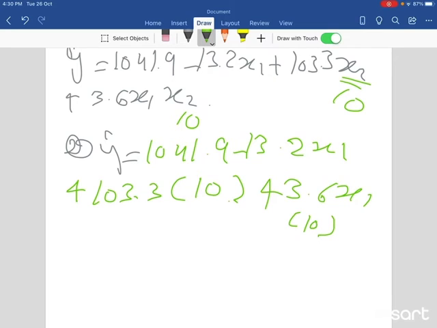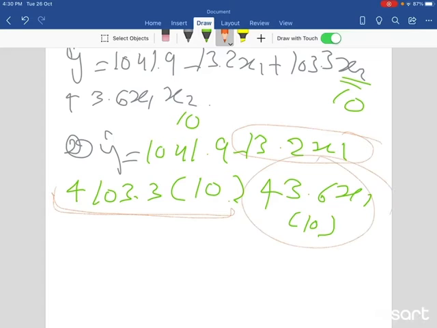Okay, you will collect the terms with x1. Here x1, and this term also has x1, and this also with x1. So you will find minus 13.2 plus 3.6 times 10.